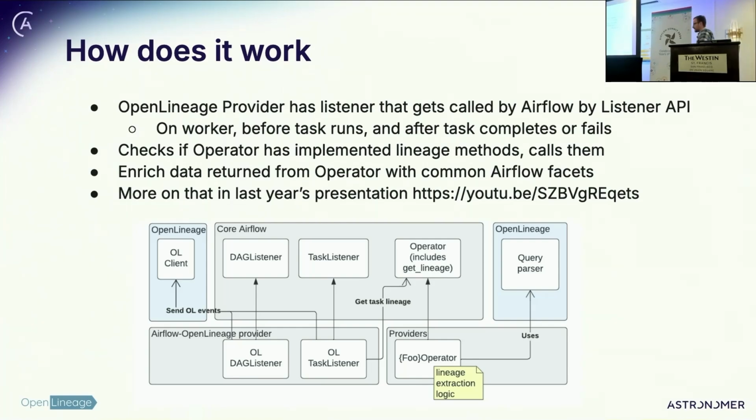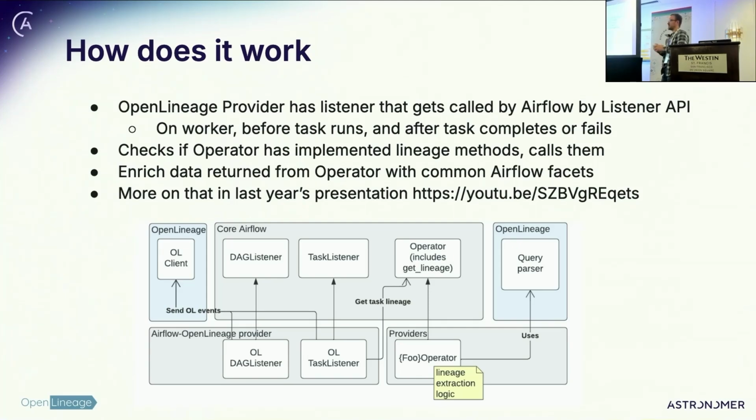And second, Airflow has something called the listener API that lets the listeners know when the task starts, completes, fails, and the same for DAGs, and the same for Airflow datasets. Those listeners run on the worker, and before and after a task runs, Airflow is calling them.